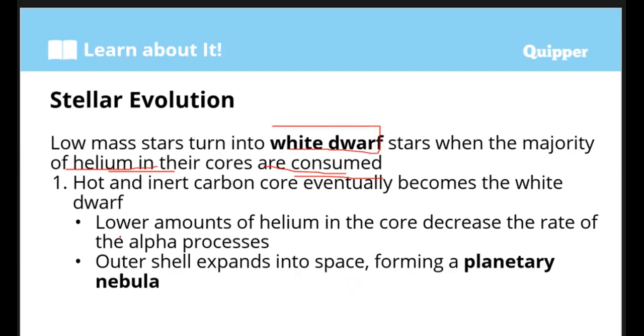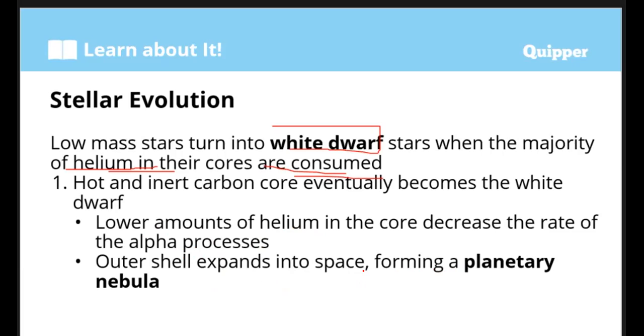From the white dwarf star, the hot and inert carbon core eventually becomes the white dwarf. The lower amounts of helium in the core decrease the rate of alpha processes. The outer shell expands into space, forming a planetary nebula.